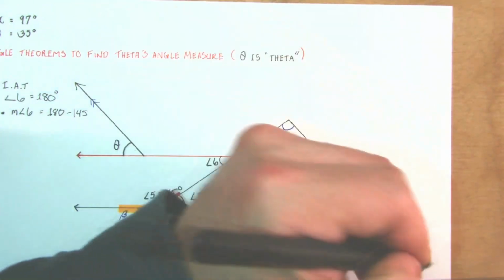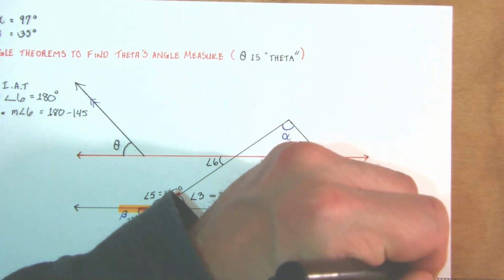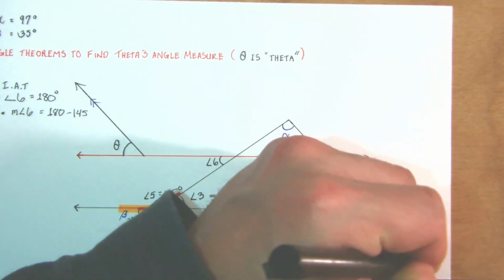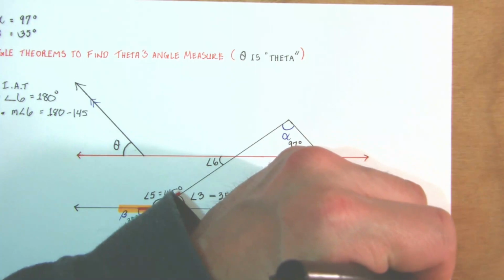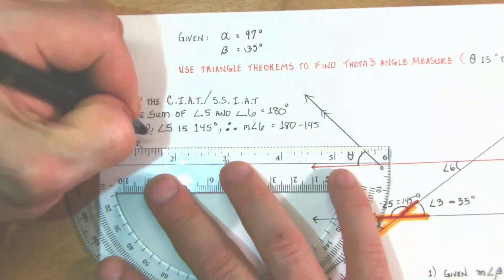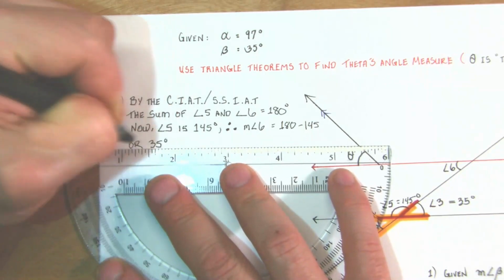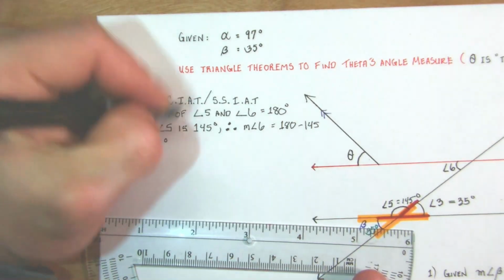I'm down here now. 180 minus 145, 35, okay? Or 35 degrees, okay?